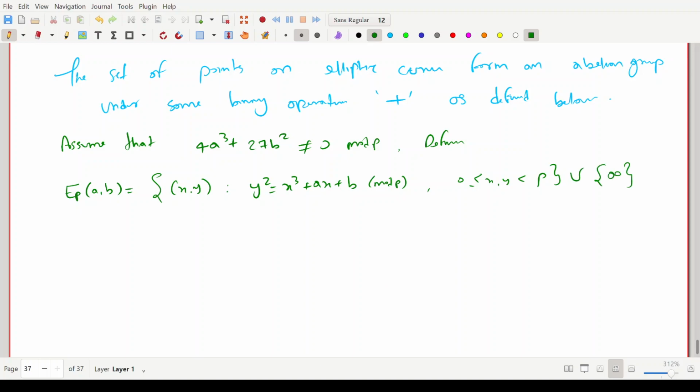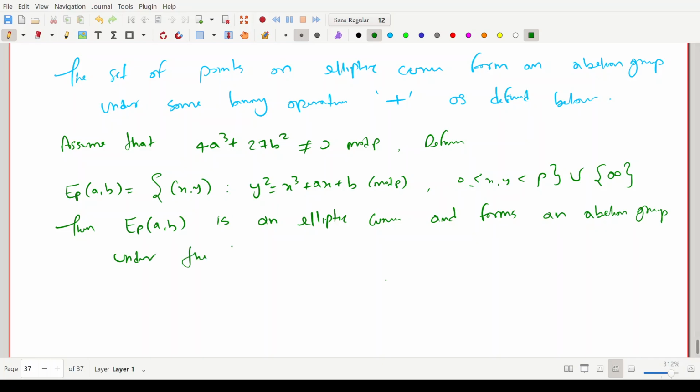That infinity is also included. Then E_p(a,b) is an elliptic curve and forms an abelian group under the binary operation as follows.